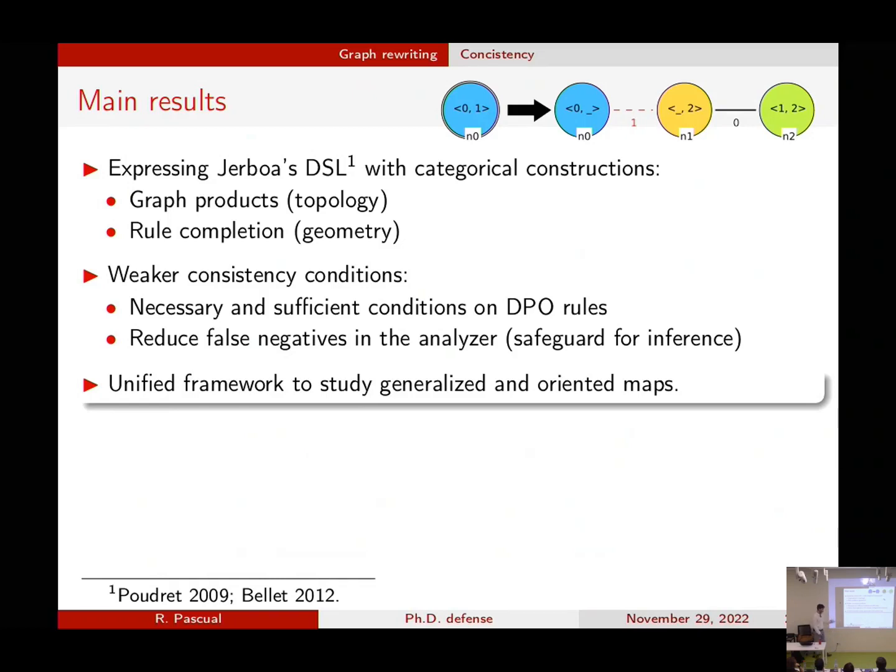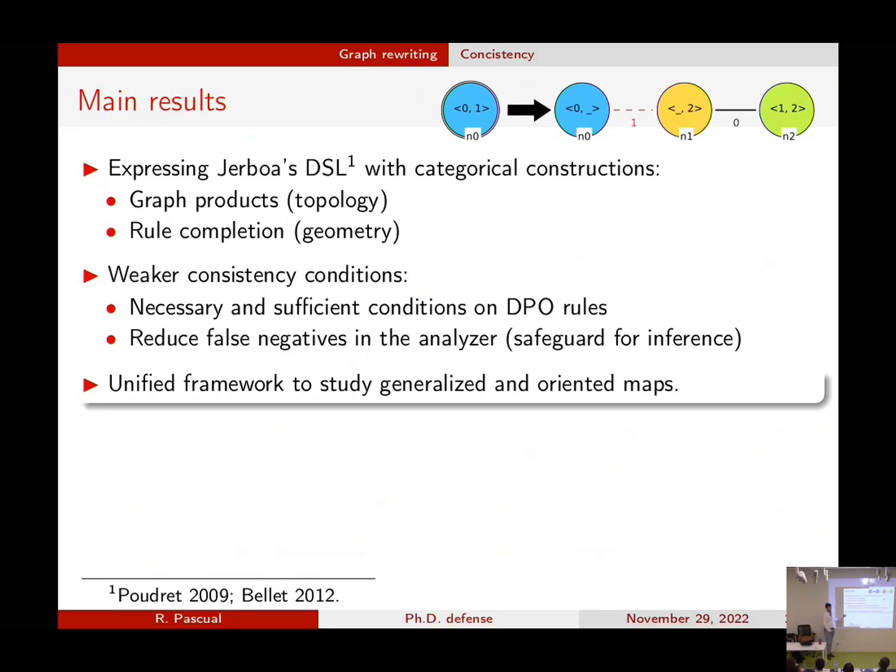I've also shown that if we reason at a local scale rather than directly at the level of the orbit, we can weaken the conditions and obtain necessary and sufficient conditions instead of only sufficient conditions, which will be helpful when inferring modeling operations, because we'll know that whatever we inferred, it's valid.